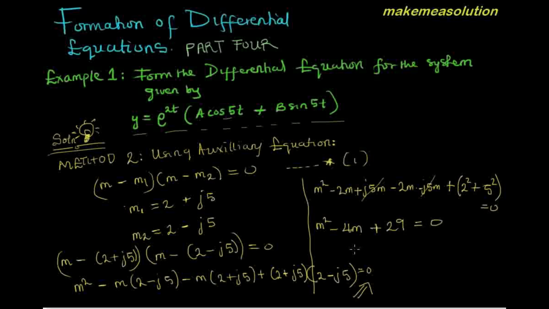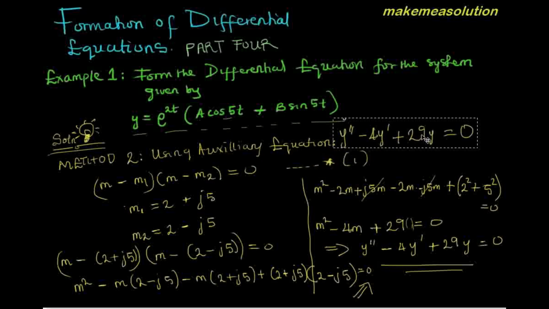Remember we now call our m squared corresponding to y prime prime, our 4m corresponding to 4 y prime, and our 29, which is 29 times 1, is the same thing as 29y, equal to 0. So in transferring your auxiliary equation to your differential equation, every m squared represents a y prime prime, every m represents a y prime, and every invisible one represents a y. So you can see now that this corresponds to what we got initially.